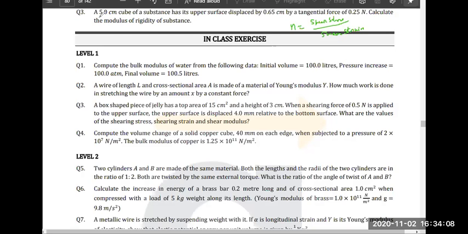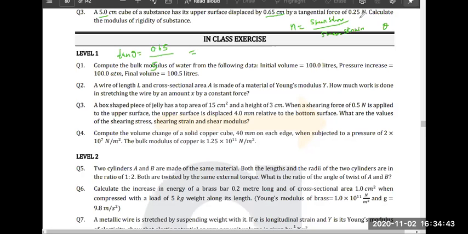Now, I can say that 5 centimeters, 0.65 centimeter, the ratio is very less. Yes or no? So if the ratio is less, I can just take theta instead of tan theta. Tan theta is equal to the change in this, which is 0.65 by this 5. This is tan theta, which is your shear strain.